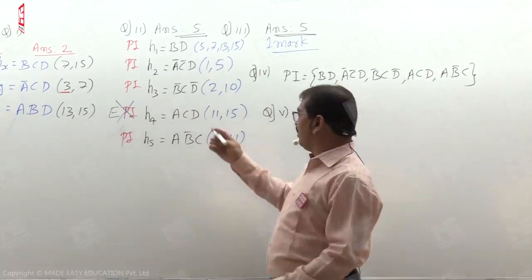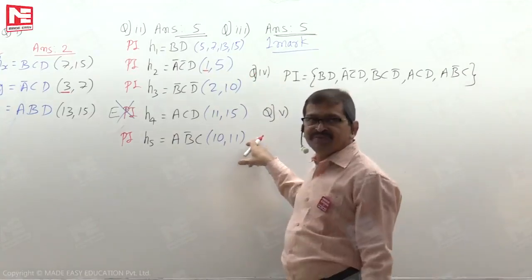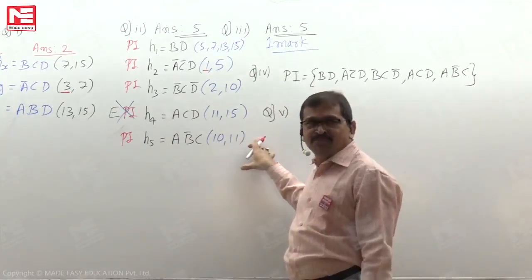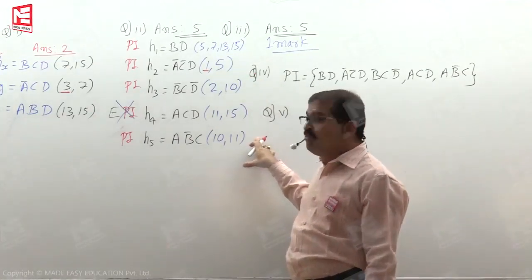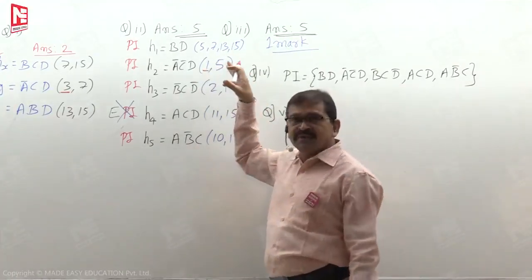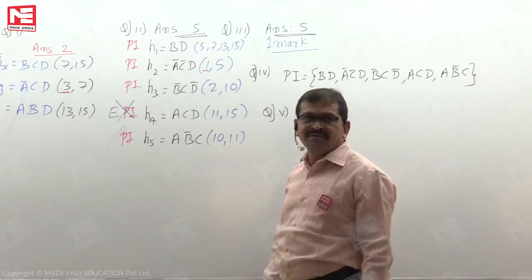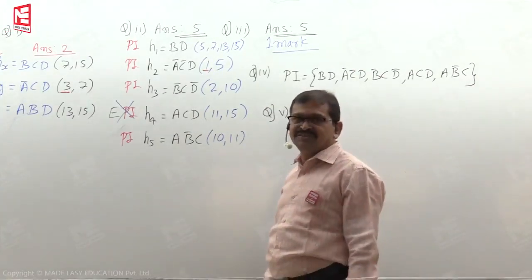If you look for 1, the minterm 1, are you looking in any other subcube? The answer is no. The minterm 1 we are not reading in any other subcube. So minterm 1 is not present in any other subcube, which means minterm 1 is not covered by any other prime implicant.